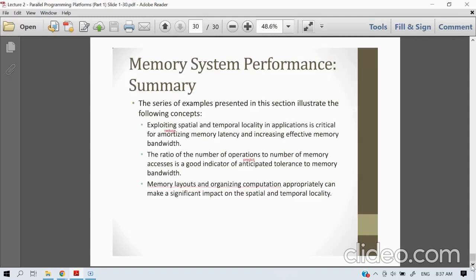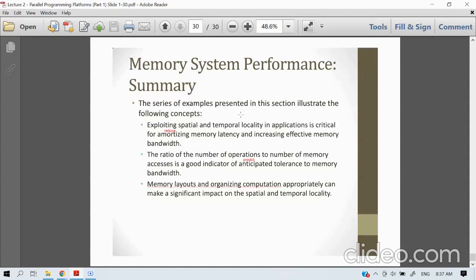All right. So to conclude on memory system performance, the series of examples presented in this section has illustrated that exploiting spatial and temporal locality in applications is critical.